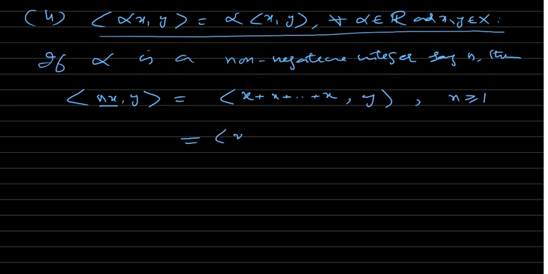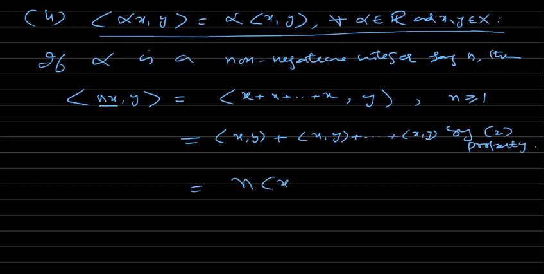It will be inner product x y plus inner product x y plus inner product x y, by the second property, the one you also checked, that's equal to n times inner product x y. So if n is 0, then there is nothing to prove.